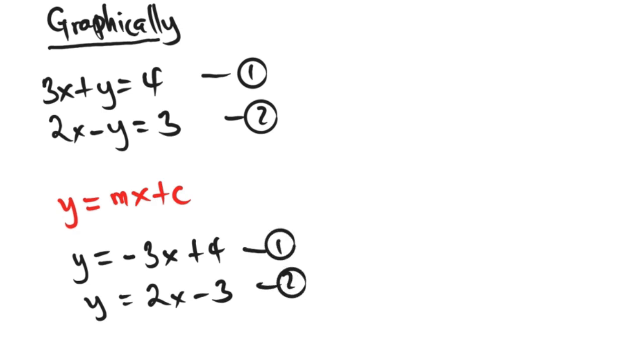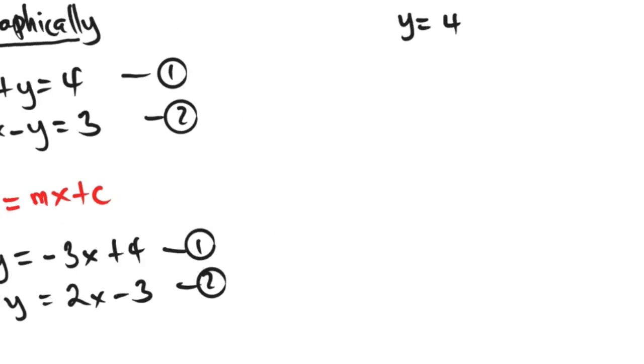For equation 1, how do you find the y-intercept? x should be 0. So when x is 0, y is equal to 4. And then the other one, when x is 0, y is equal to -3.